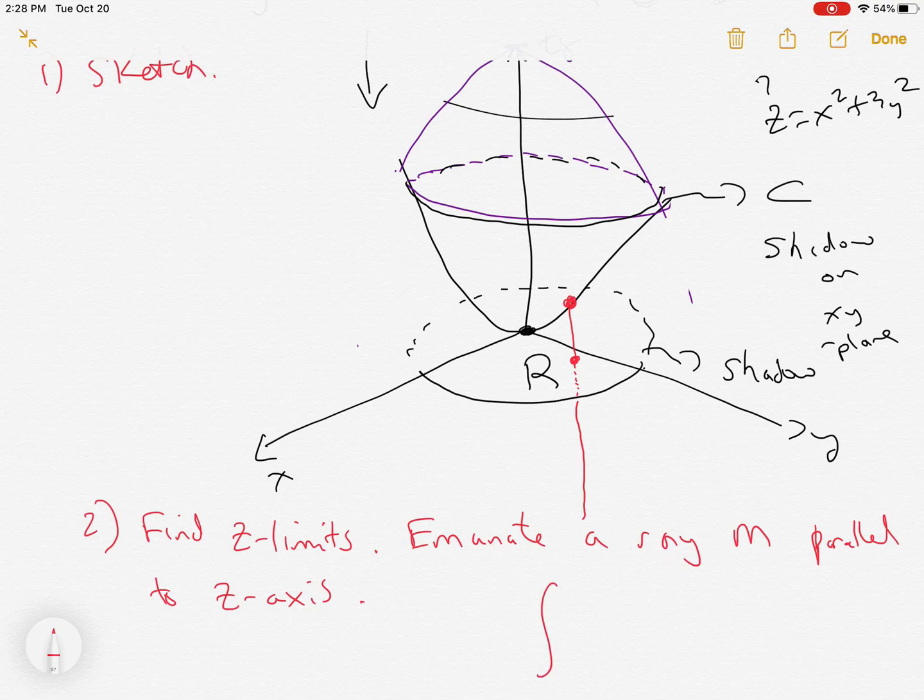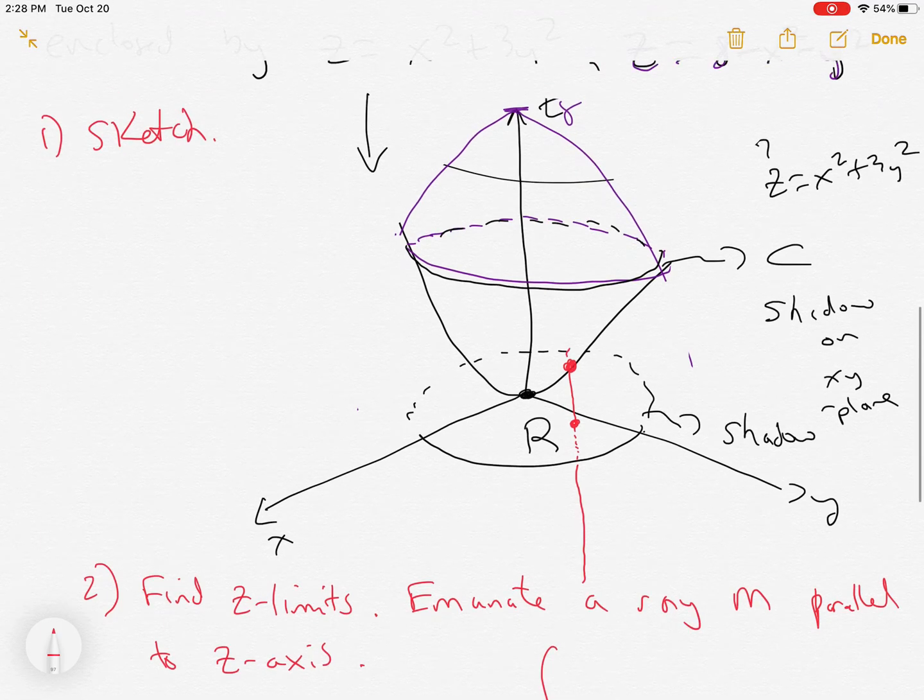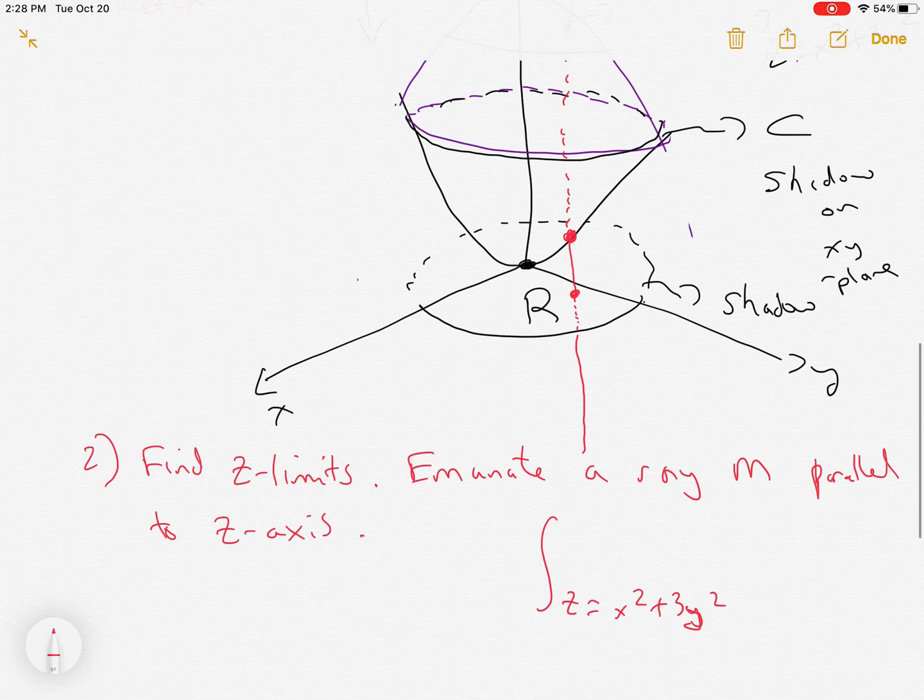Okay. And in this case, that's x squared plus 3y squared. Right? And then it's going to go through my solid and then exit. And the exit wound is the second.